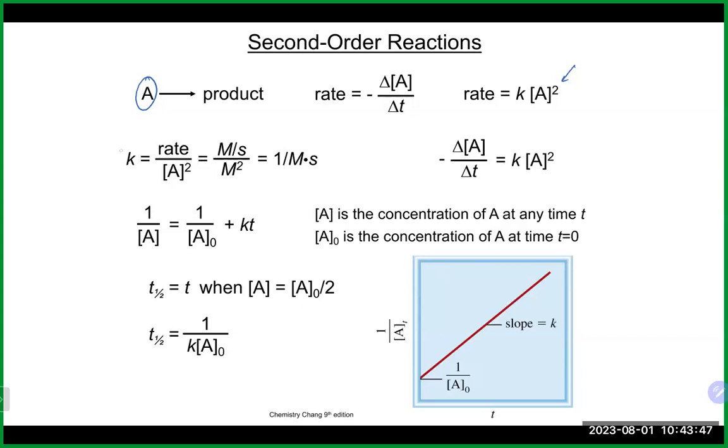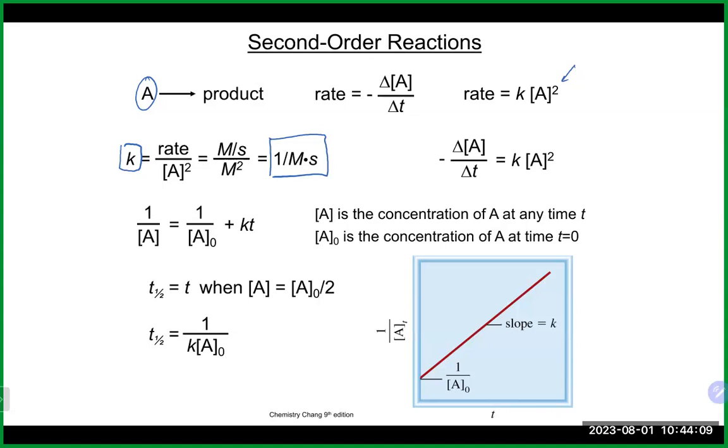Again, if we rearrange the rate law, which in this example would be rate equals k times A squared, and solve for just the units, we get the typical units associated with a second order reaction, which is different than a first order, which is 1 over seconds. This is 1 over molar seconds.